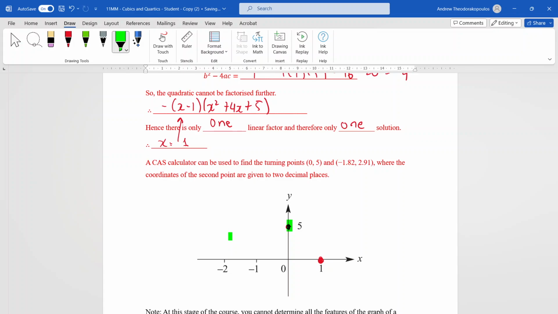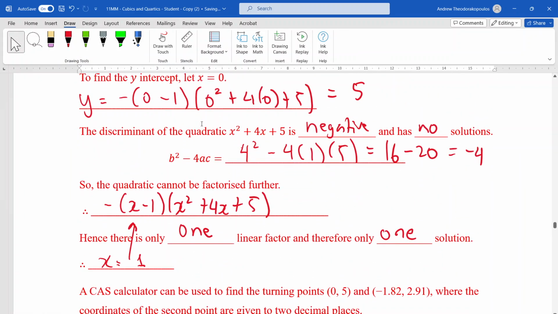Okay, so just by looking at the quadratic, which is here, just highlighting so you know where I'm looking, we see that it is a negative cubic. Why? Because this negative multiplied by that x gives you negative x.